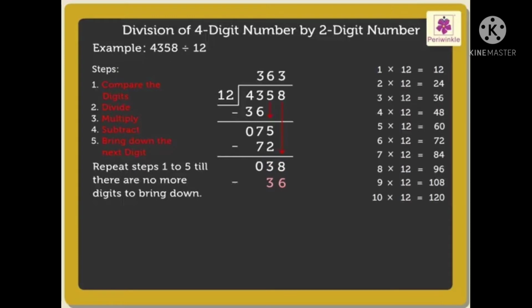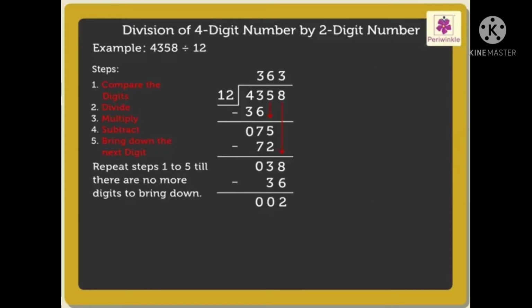Next, subtract 36 from 38, which is equal to 2. Now, as there are no more digits to bring down, we have finished our division. Thus, we get the quotient as 363 and remainder as 2.